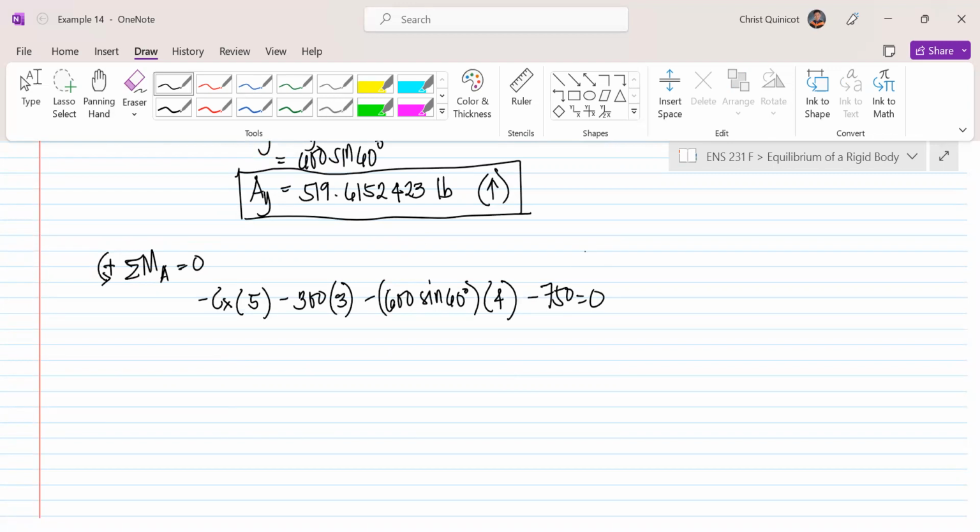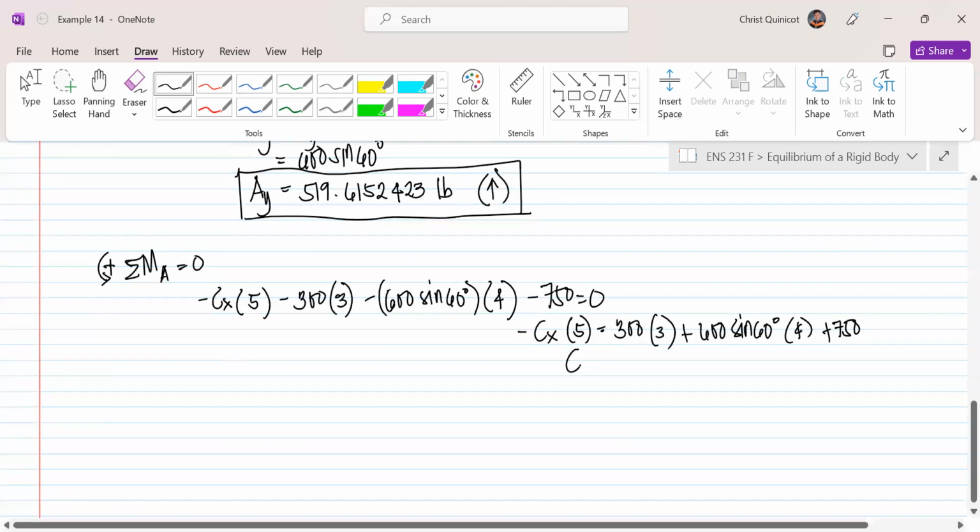Since we are only concerned with C sub x, we transfer the rest to the right-hand side of the equation. So this becomes negative C sub x times 5 is equal to positive 300 times 3 plus 600 sine 60 degrees times 4, and then plus 750. Then we divide both sides by negative 5.